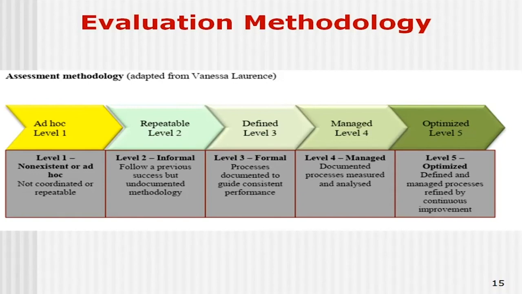There is some documentation of the process. Level 4 is managed, documented, measured, and analyzed. And level 5, optimized, with reference to all the components we have presented in the IGF.